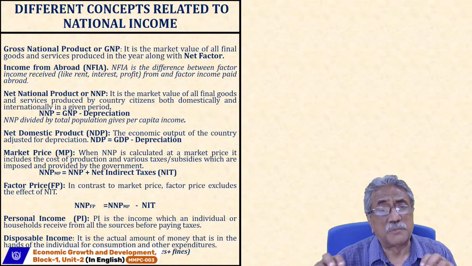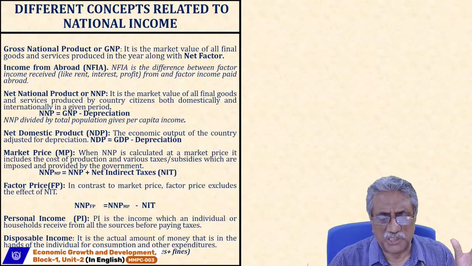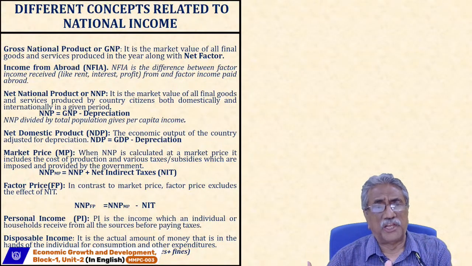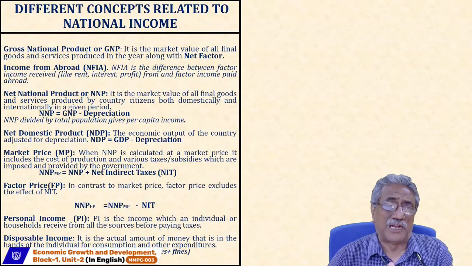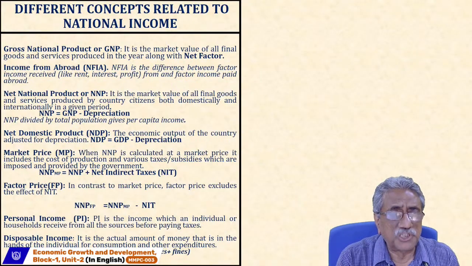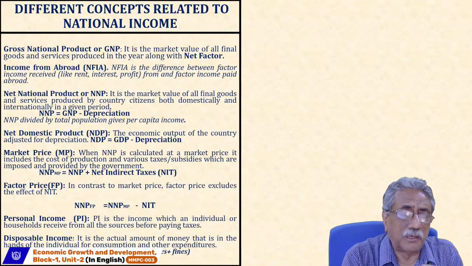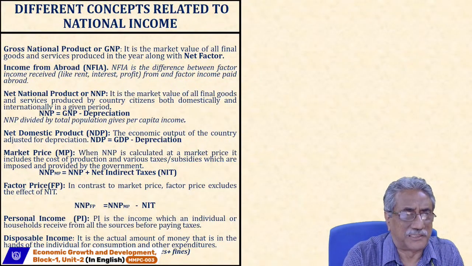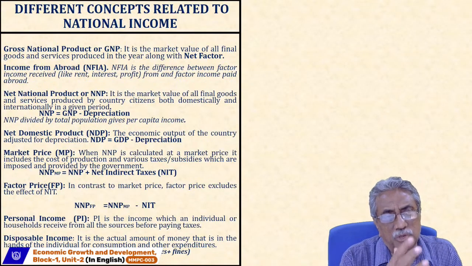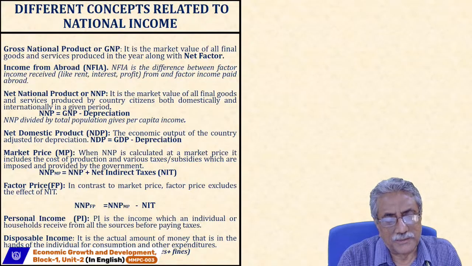So GDP minus depreciation, that is the plant, machinery, and buildings you have used, because they are deteriorating in value. So I have to adjust for that, and I get the net domestic product. These are important definitions you must remember. You should be familiar with them.